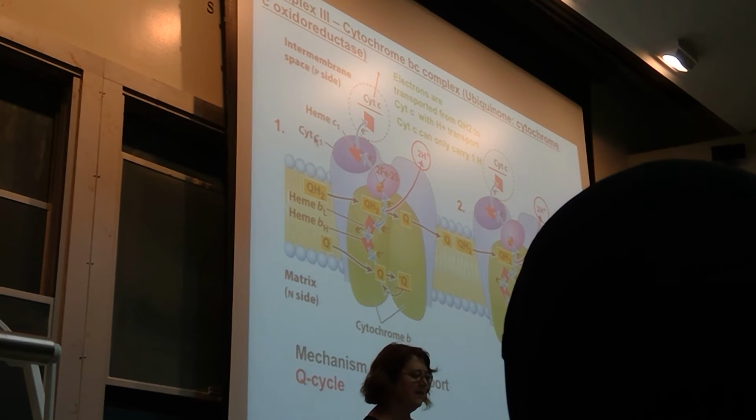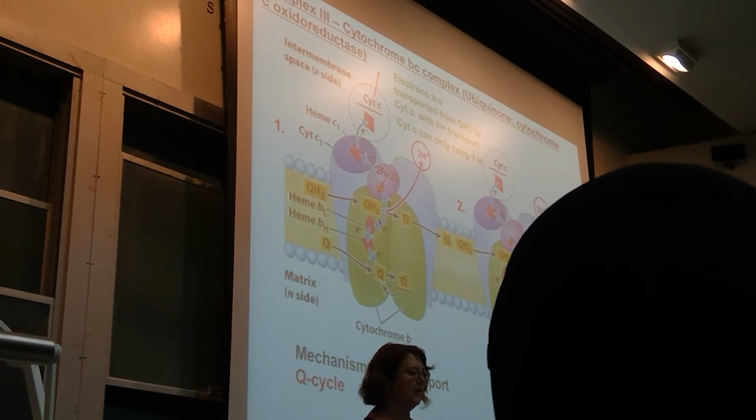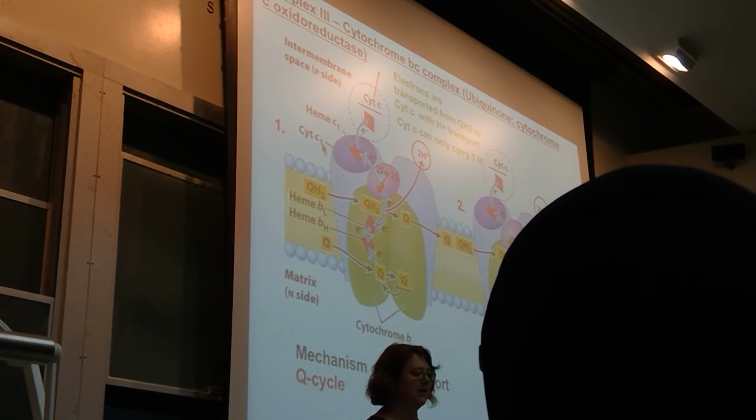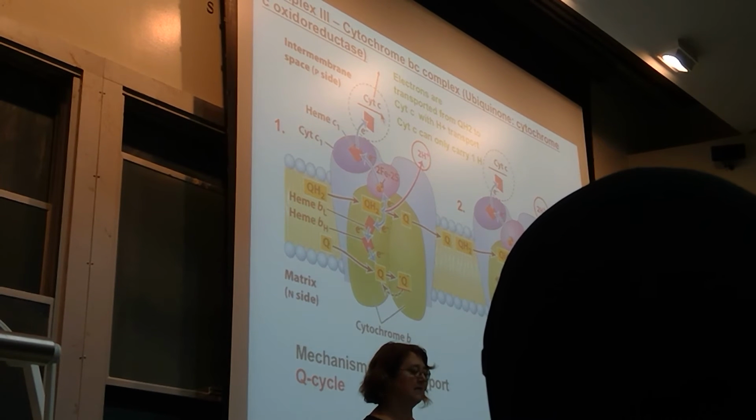So while one of these electrons is coming down to Q, one is going up to the iron sulfur center, then it's being passed on to the heme center of the cytochrome C1, and then finally to cytochrome C, and then that's reproduced.